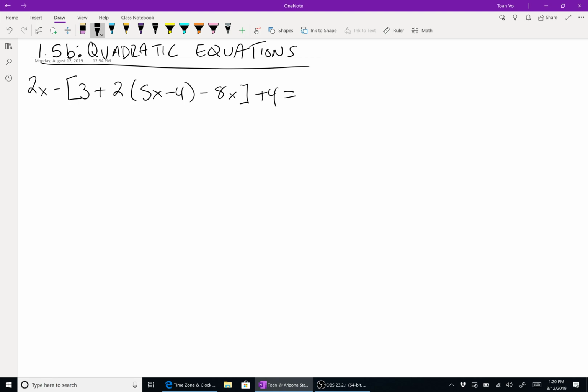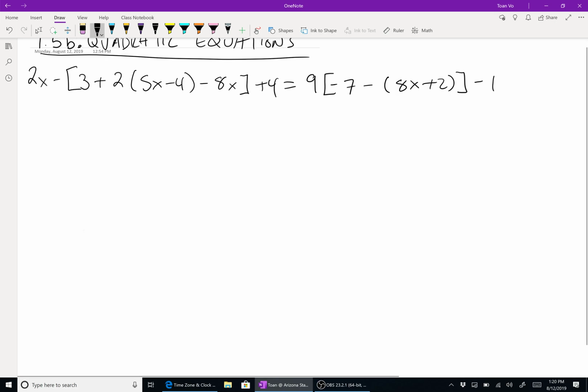Equals, I don't know, 9 bracket negative 7 minus parentheses 8x plus 2, close the parentheses, close the bracket, minus 1, right? I know. The whole point of Friday's lesson, if you did the advanced one, was you got some really ugly linear equations. I think I gave you like 10 of them or something. The hard ones.